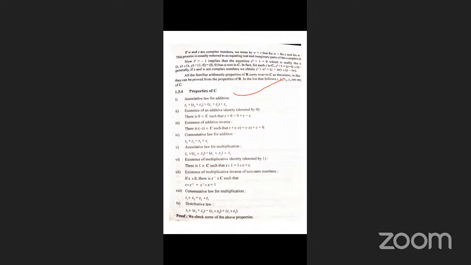Generally, we know that in group theory, when we study at UG level, we have the identity element. With respect to addition, the identity element is 0, and with respect to multiplication, the identity element is 1.